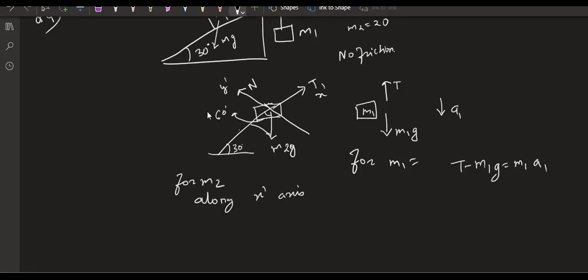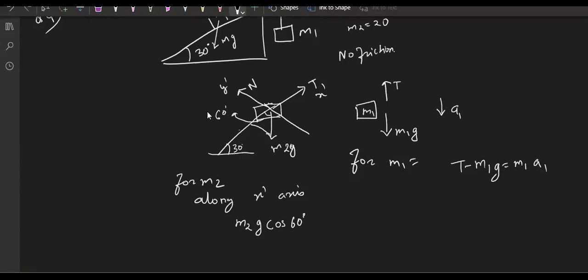Along X dash axis. Now, what are the forces? Think about this. What are the forces? This is T and mg, as simple as that, right? M2g cos theta. So I can write like this: M2g cos 30 degree, sorry, cos 60 degree, it is 60 degree, right? Because the component of M2 along x-axis is M2g cos theta.